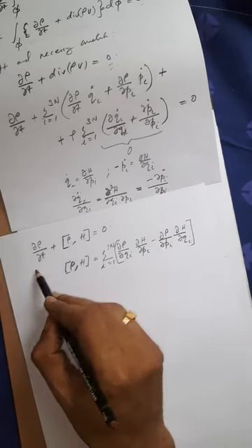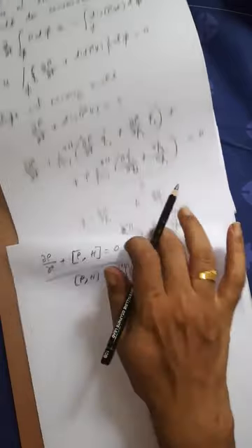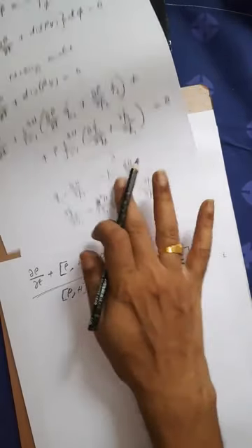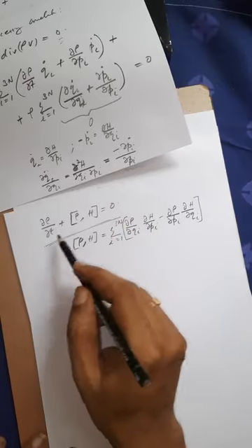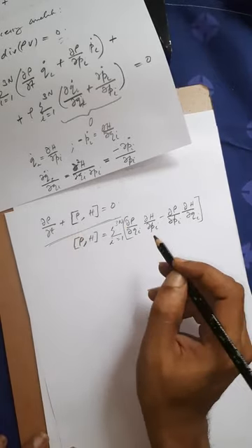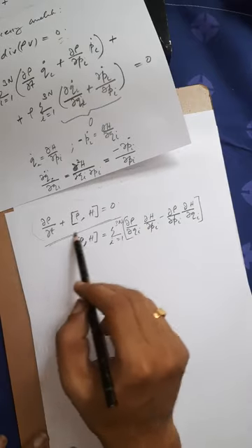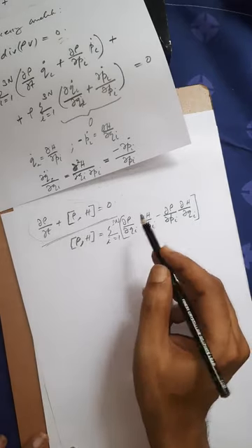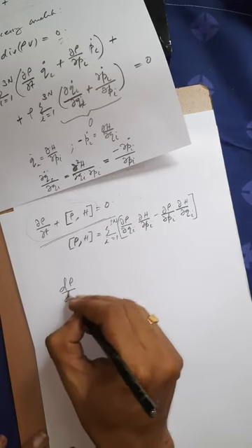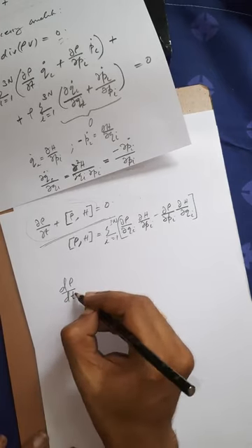So therefore, from here I have reached dou rho by dou t plus Poisson bracket rho h is equal to 0. But this left hand side, dou rho by dou t plus rho h, I can write as d rho by dt, right?